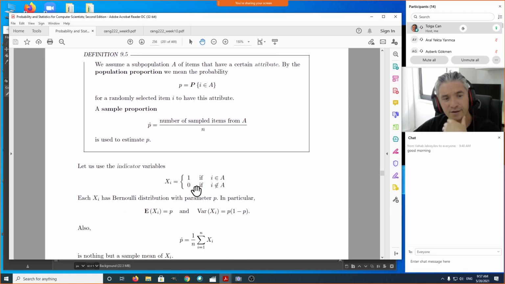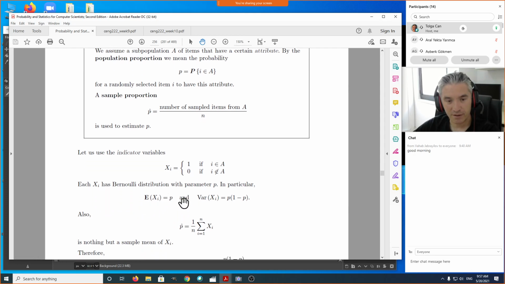So here, let's come back to this: what percentage of the Turkish population has blue eyes? Each individual data point in our sample will be an indicator variable, which is a Bernoulli variable. If somebody in your sample has blue eyes, xi is 1, otherwise it's 0. Therefore the expected value of your individual variables will be p, and the variance is given like this.